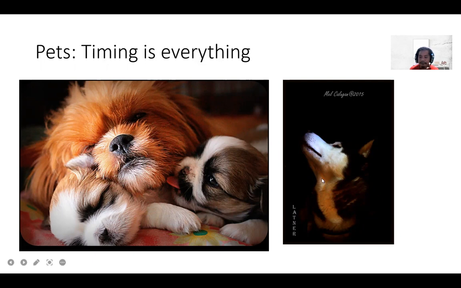So my pet here, he's lost. He's still missing. Hindi ko alam kung asan siya. Ninakaw po siya. So sad. But anyway, it's the only picture I have of him. So I hope he's still alive.